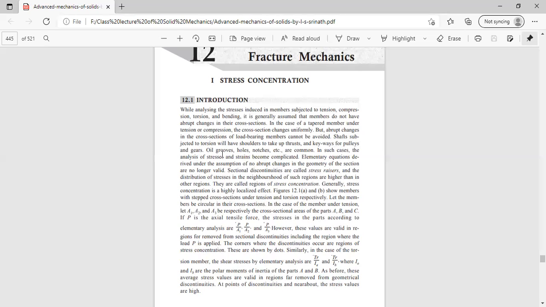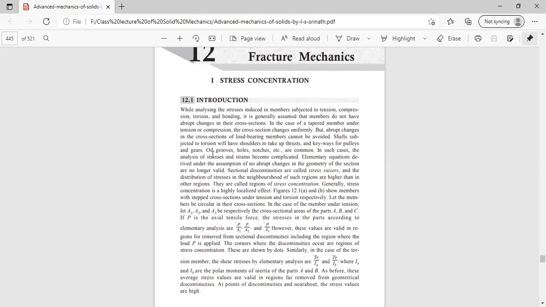Key way means, think of a shaft, and on a certain portion of its surface there is a rectangular blind hole of certain length, where a prismatic block defined as a key is introduced to make the shaft assemble with the gears or pulleys, which are used for power transmission itself.